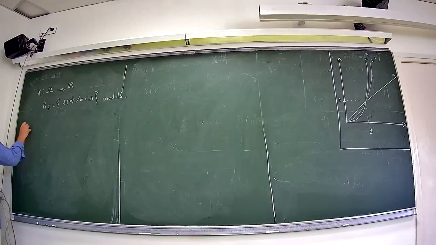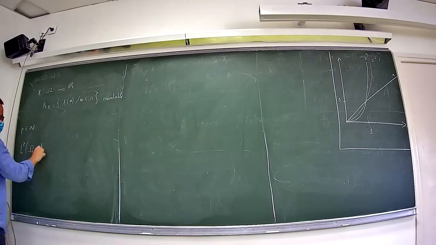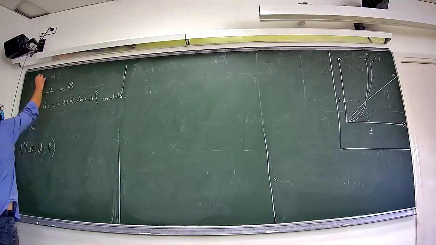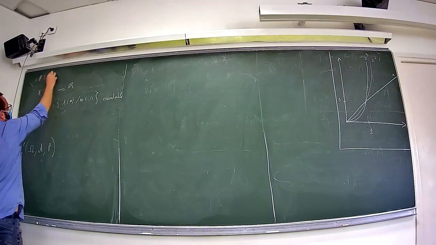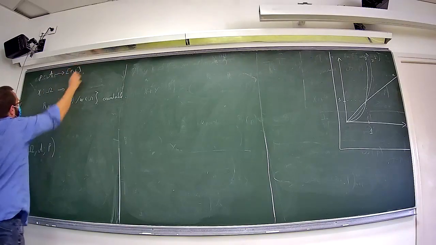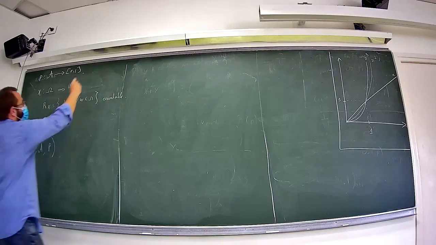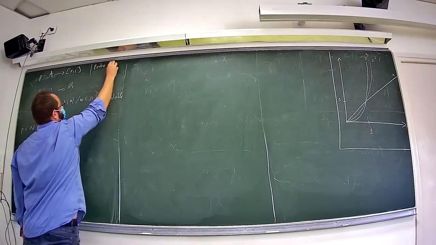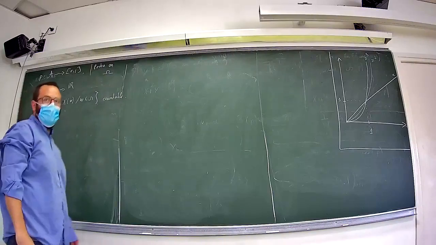So for p belonging to N, I define the space L^p of (Omega, A, P). Keep in mind that I start from a random variable and I have initially a probability that is defined on a set A with values in [0, 1], such that P is the probability on my universe Omega, meaning that P of Omega is equal to 1.